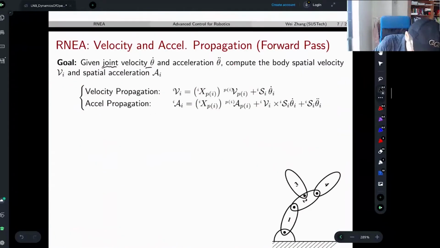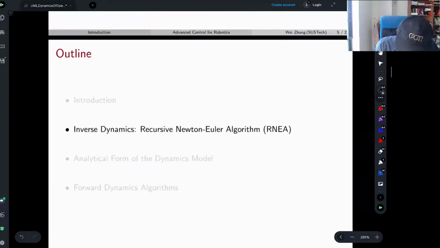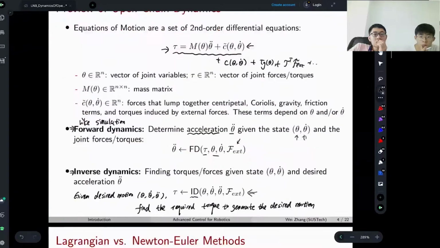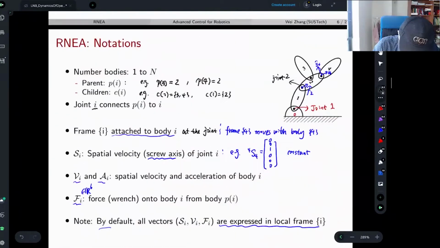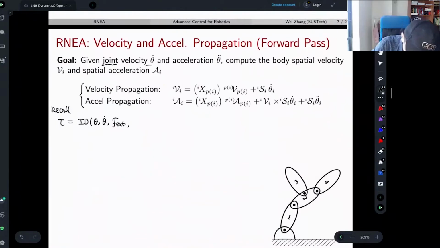Just think about the inverse dynamics. Let's say we want to compute tau. Recall our inverse dynamics: we want to compute tau given theta, theta dot, and what else? Maybe external force. Oh, theta double dot.